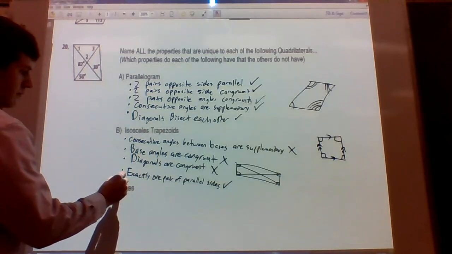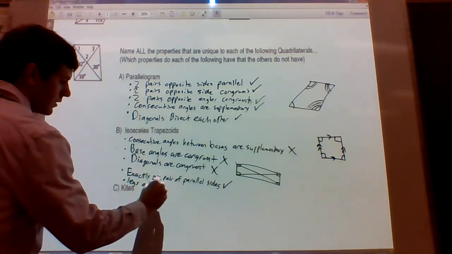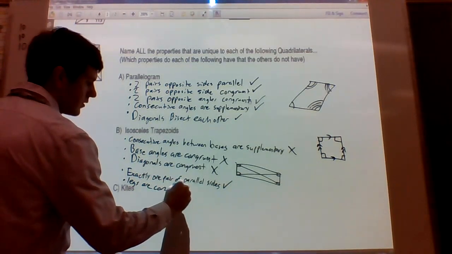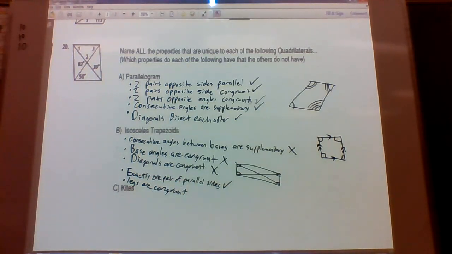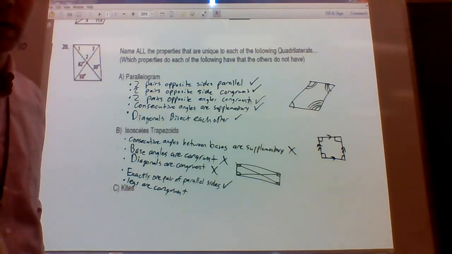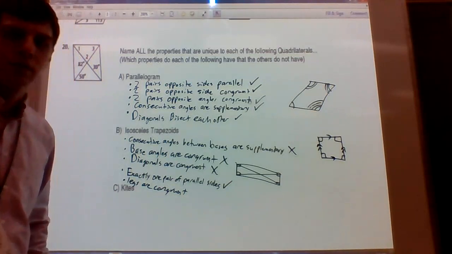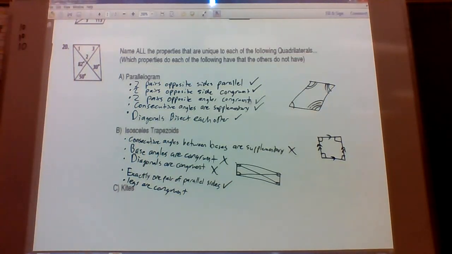Okay, and then we know that the legs are congruent. Again, that's not really unique, because in a square or a rhombus or a rectangle or any parallelogram, opposite sides are congruent. So having legs that are congruent isn't going to be a unique property.